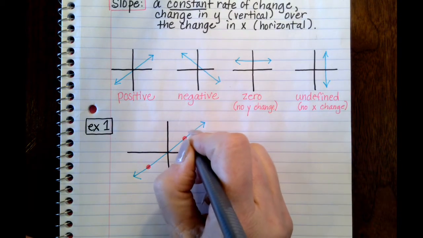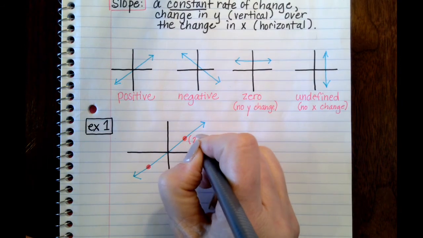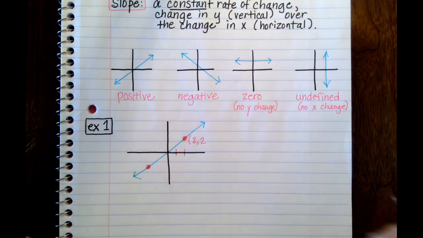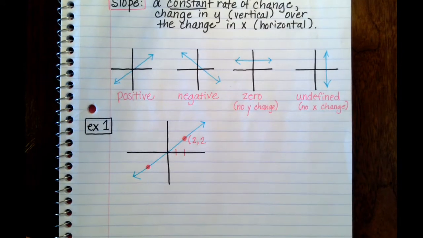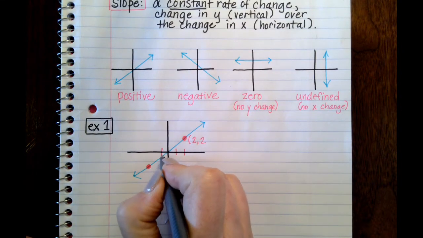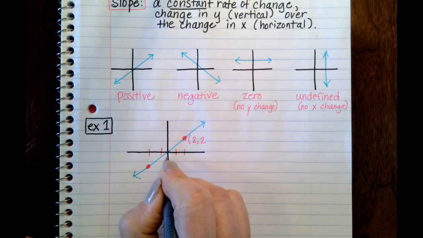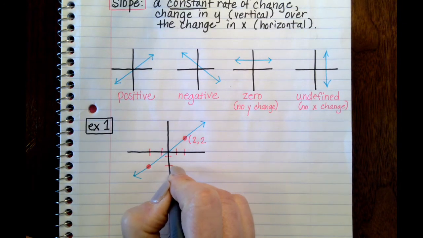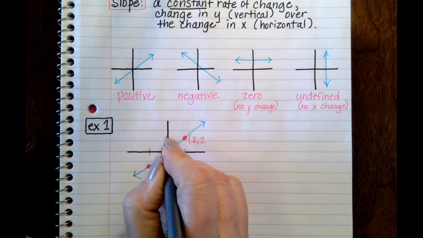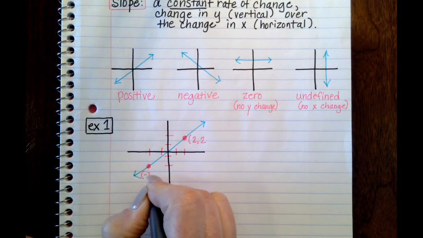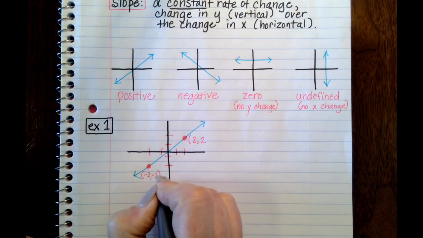I'm going to say this point is at 2, 2, which means that it moved over 1, 2 spots. Same thing here, 1, 2. And I'm also going to say that it moved down 1, 2 spots, or 1, 2. So what that would mean is that this point is at negative 2, negative 2.